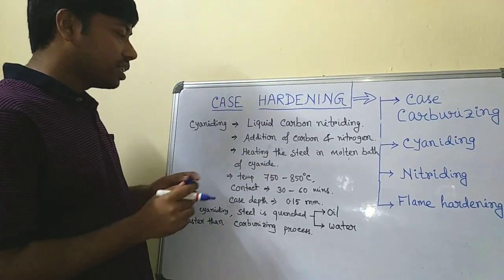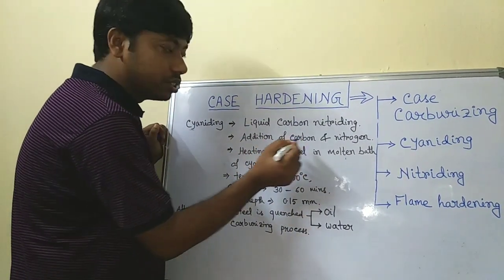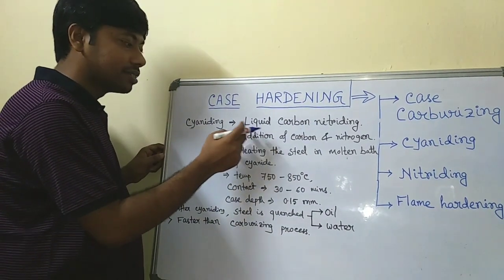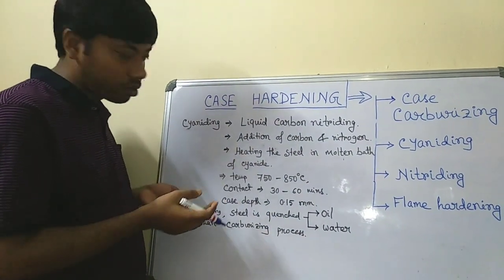Now, it is basically addition of carbon and nitrogen. Both are used for additions. But now, what is the process for cyaniding?